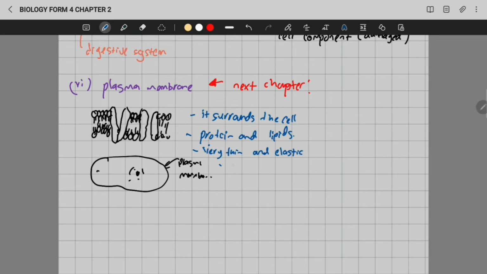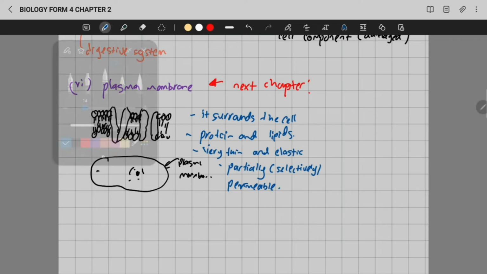And then they are partially or selectively permeable. This is important to allow the transportation between the cell, out or in the cell.